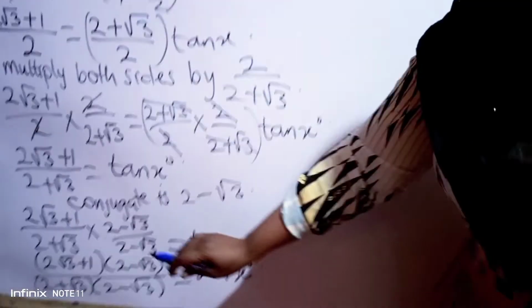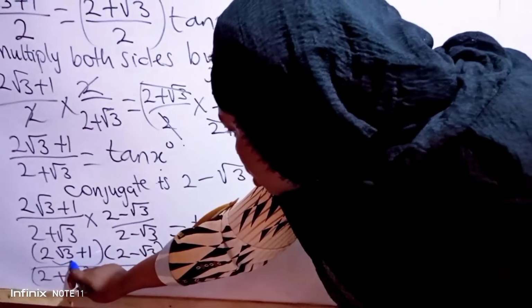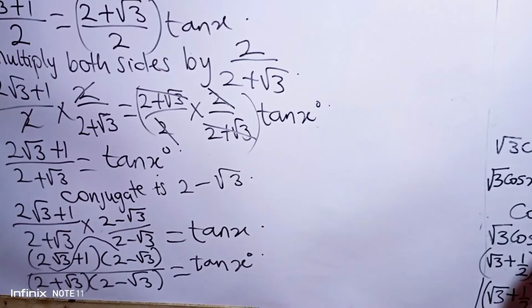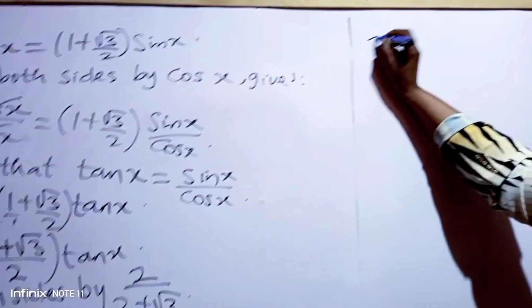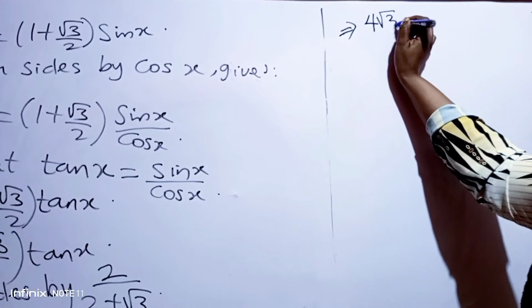Now from here, I cannot simplify. Let's expand the bracket. So I have 2√3 multiplied by 2. So 2 multiplied by 2 is 4, so is equal to 4√3.